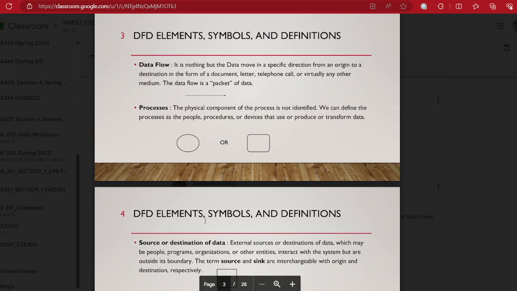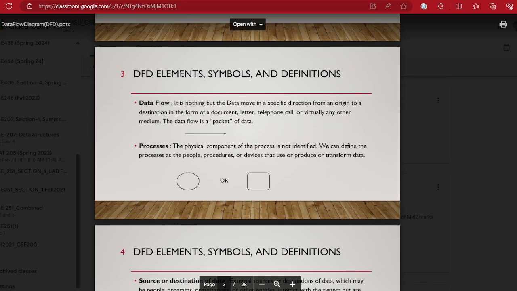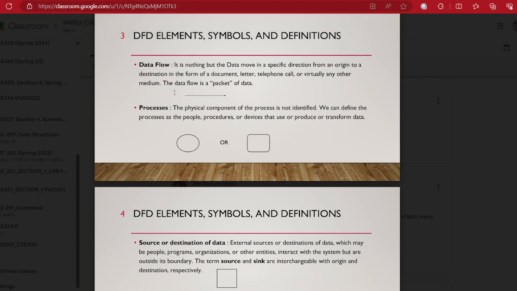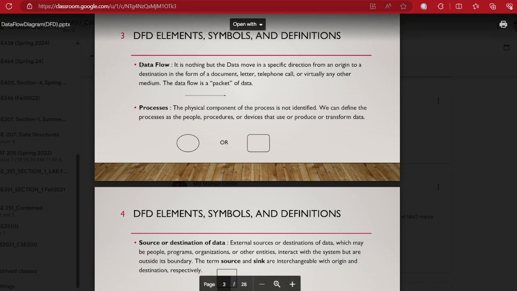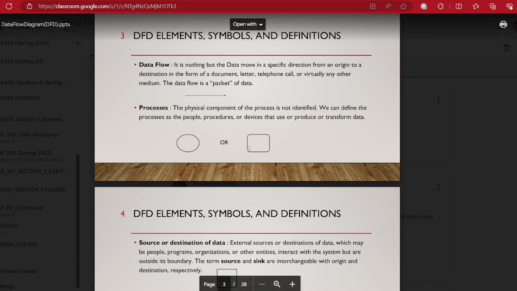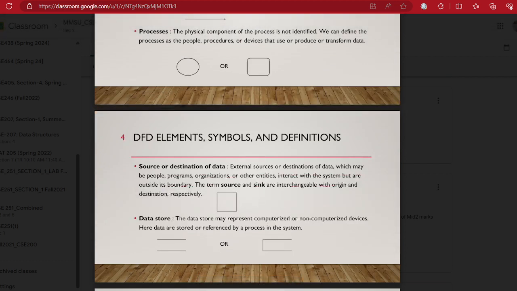Okay, so basically these are the items you need to remember when you're drawing the data flow diagram. To indicate a data flow, you need to use an arrow. And if you want to show processes, you need to use either a circle or an oval shaped rectangle.